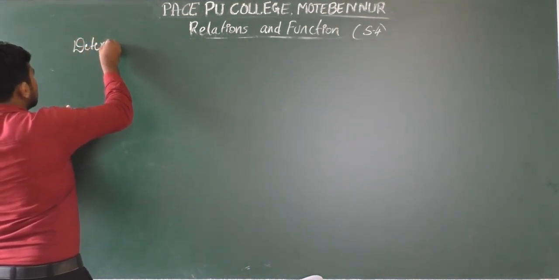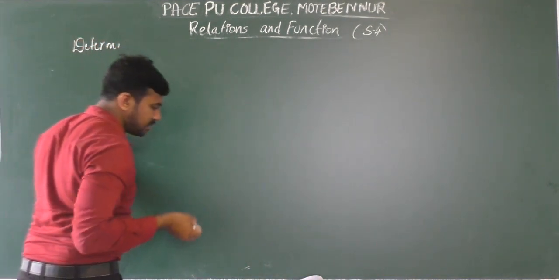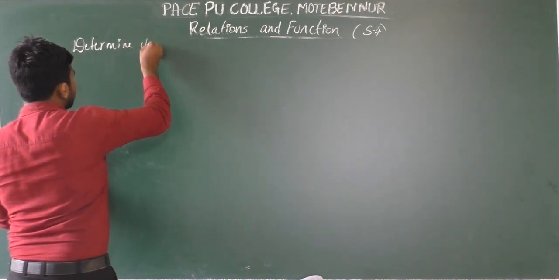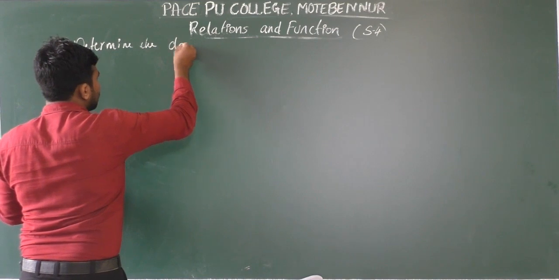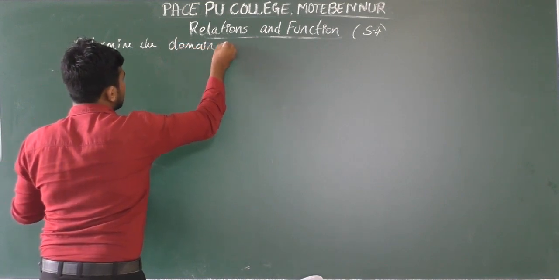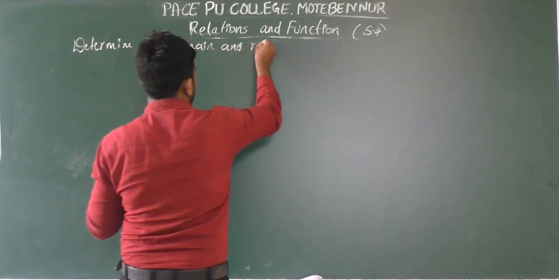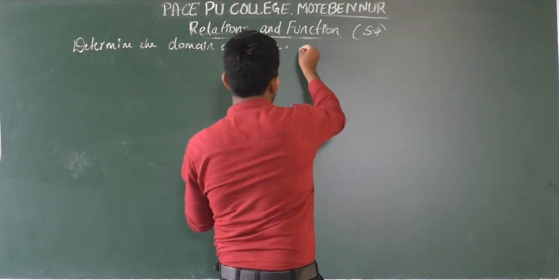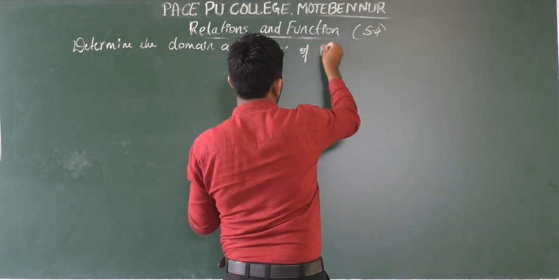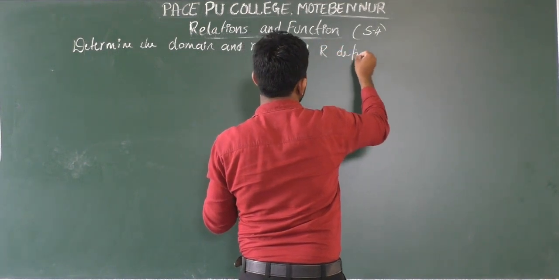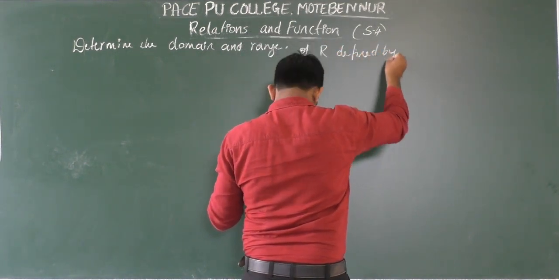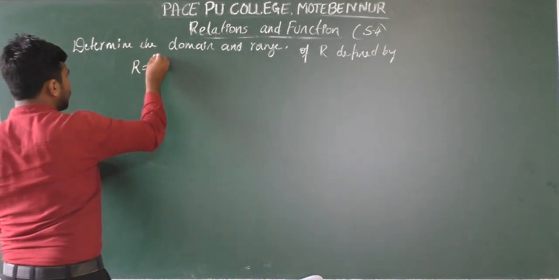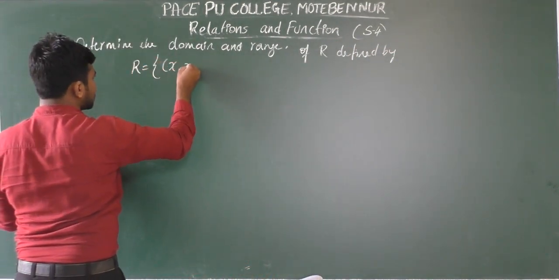See, for each question it is the same. We have to write the domain and range itself. Determine the domain and range of the relation defined by R is equal to the set of all ordered pairs (x, y).